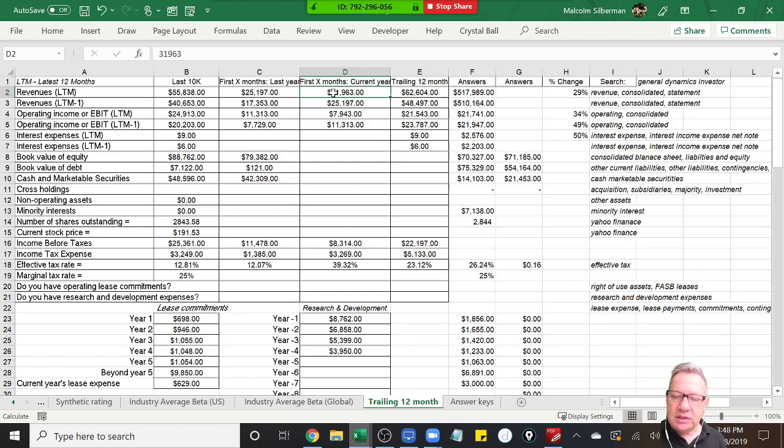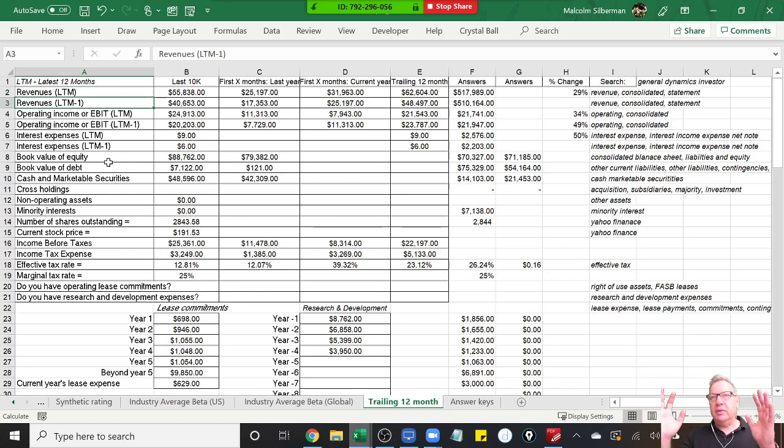And so that's what this section is all about, what we're trying to accomplish here. What we're after is the revenues. And when you ask the question, what is LTM minus 1?